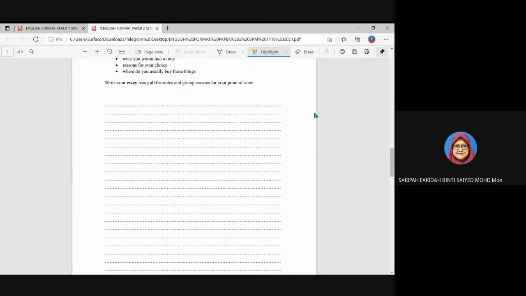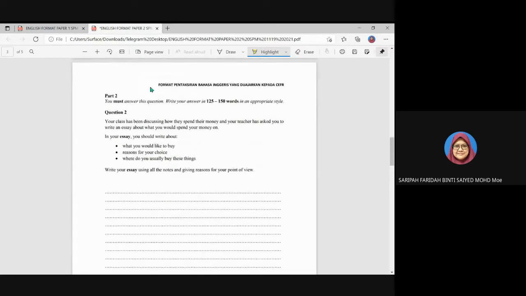If you want to generate ideas, you scribble here. What would you like to buy? 1, 2, 3. Reason for your choice. Okay. 1, 2. Where do you usually buy this thing? Scribble here.